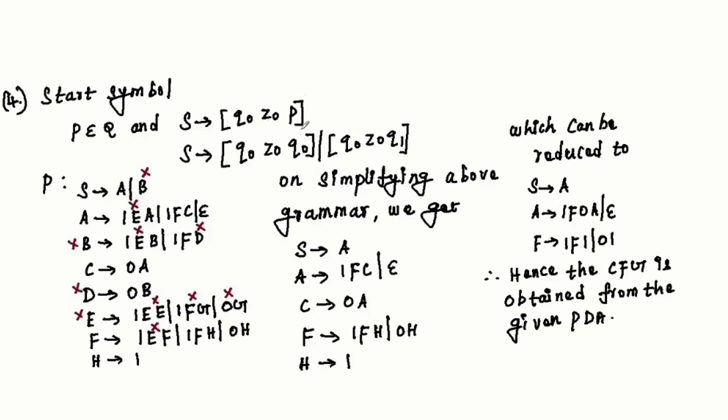As per the question, we have two states Q0 and Q1. Instead of P, we have to use Q0 and Q1. Then you will get two productions: S tends to Q0 Z0 Q0 or Q0 Z0 Q1. This represents multiple derivations toward different accepting states.